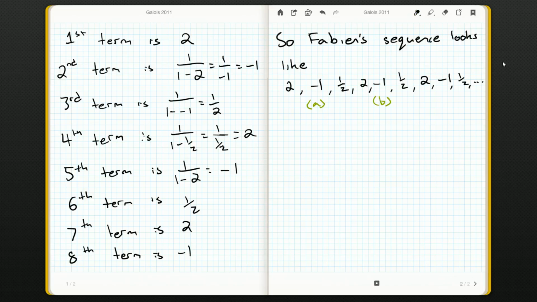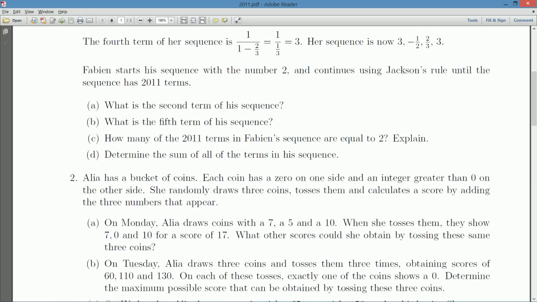So that deals with A and B, and we understand the sequence a little better. It's just going to repeat over and over again.